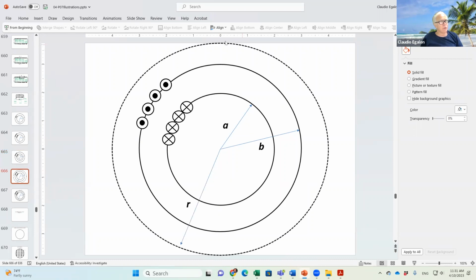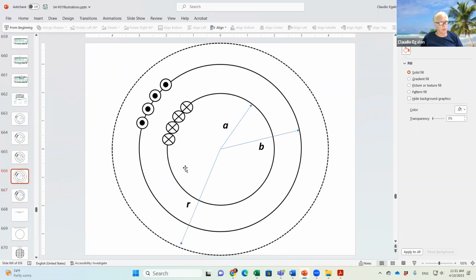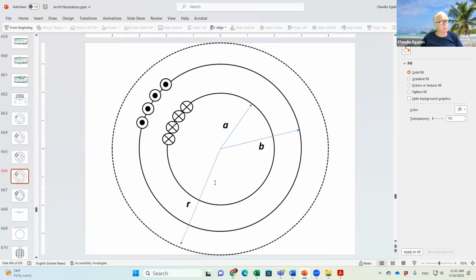The magnetic field outside this region is also going to be 0, but not inside the toroid. Outside the toroid, the magnetic field is 0 because this current here cancels out this other current, right? The enclosed current is going to be 0. The magnetic field here is also equal to 0 because there is no current flowing in this region.